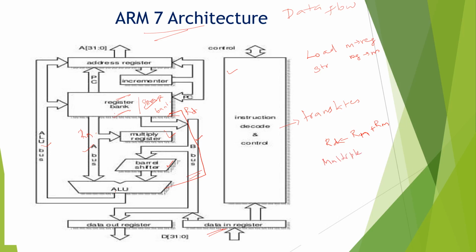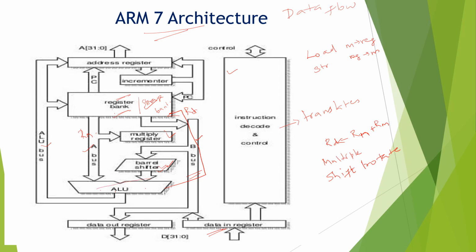For multiplications or for any comparisons, the data has to come through the barrel shifter. The barrel shifter will do shift or rotate operations, and then the processed data will come to the ALU, and the other data will come directly from the register bank to the ALU.